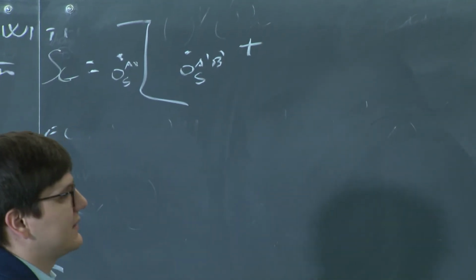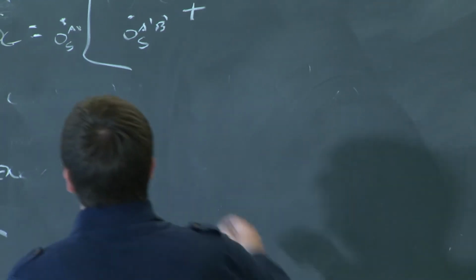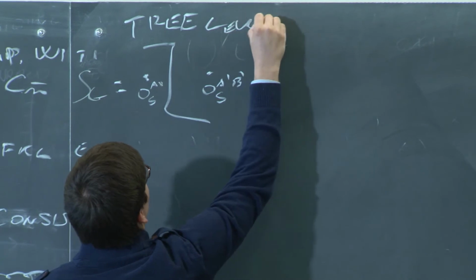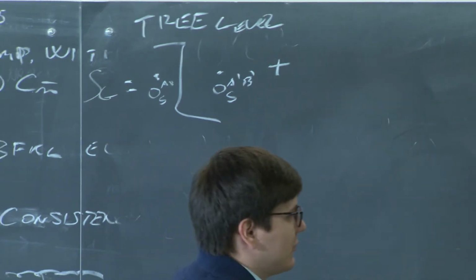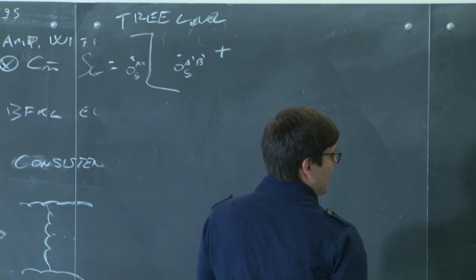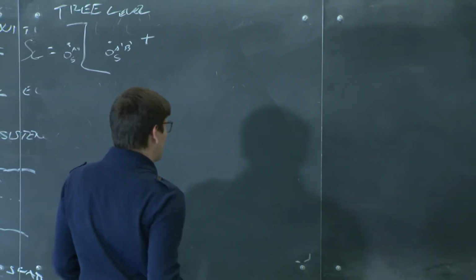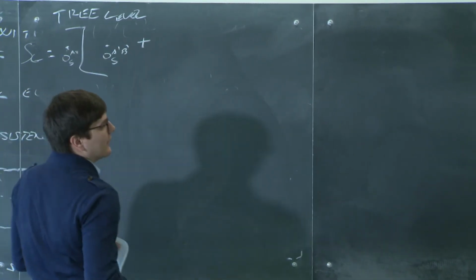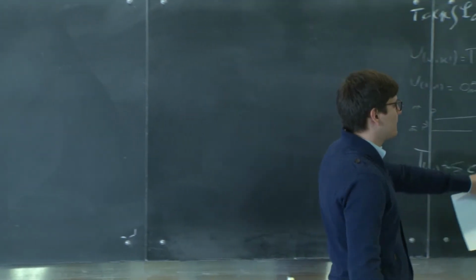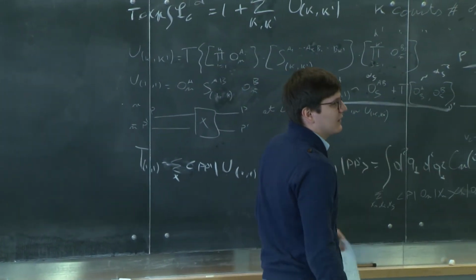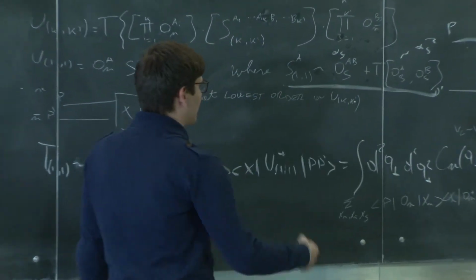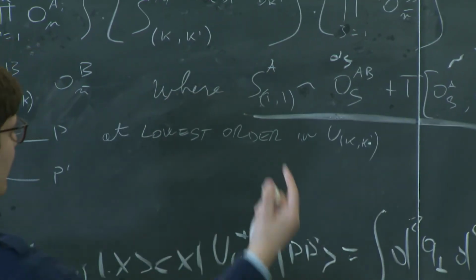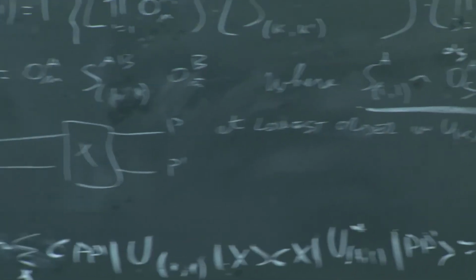Then at one loop, so this is the tree level. At one loop, I can have many things. I can have the T product of, let's start from the fact that OS AB contains a higher number of gluons in its Feynman rule. So this has 0, 1, 2, 3, infinite gluon emissions.